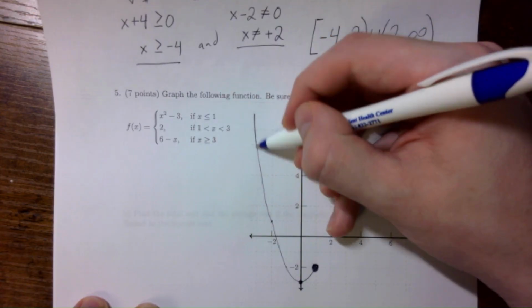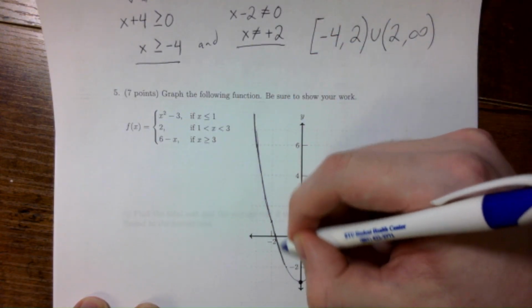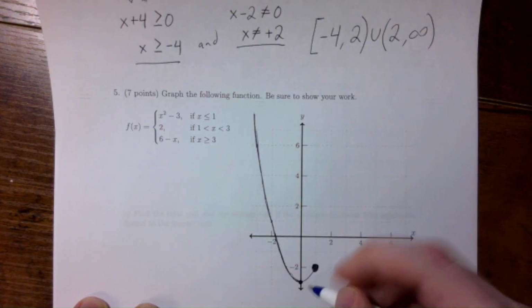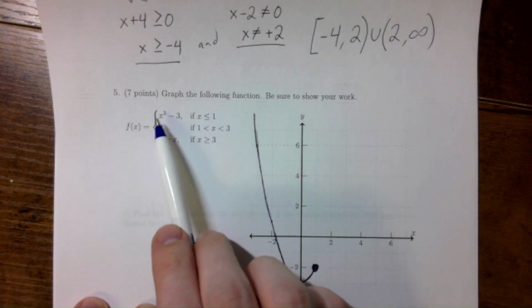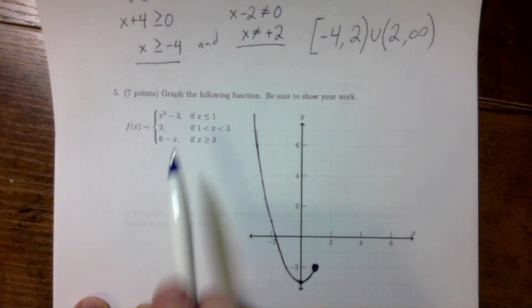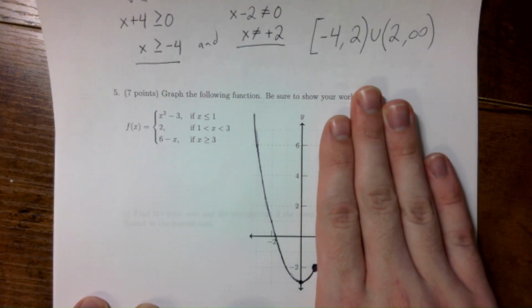So the rest of my graph is everything here. I'm just shading this a little bit darker so you can see it a little bit better. So that is going to be this first bit, x squared minus 3 when x is less than or equal to 1. If I cover everything else up, it just looks like x squared minus 3.